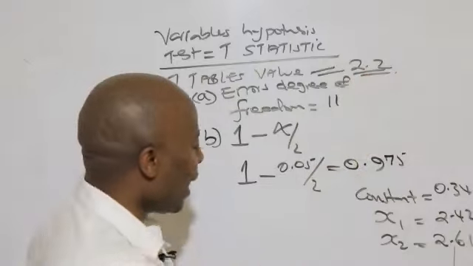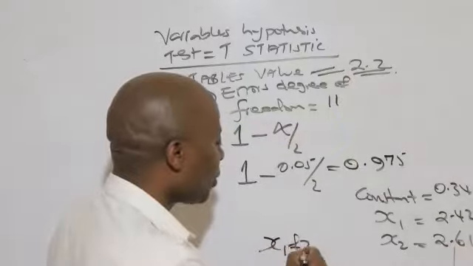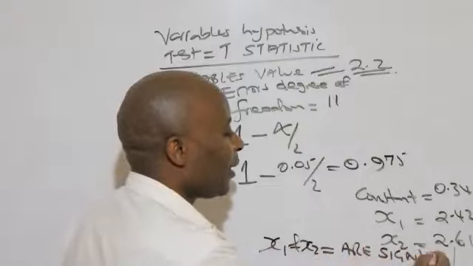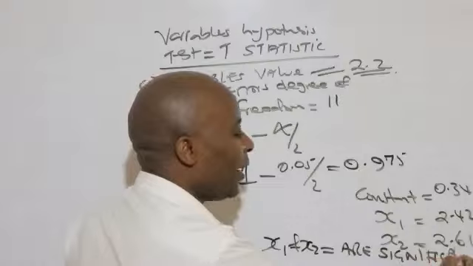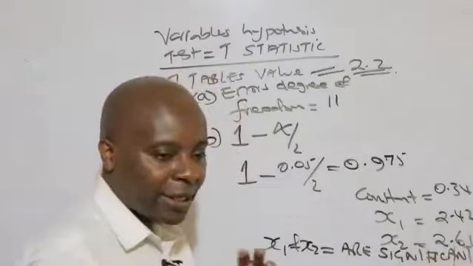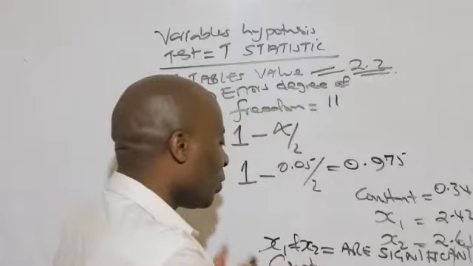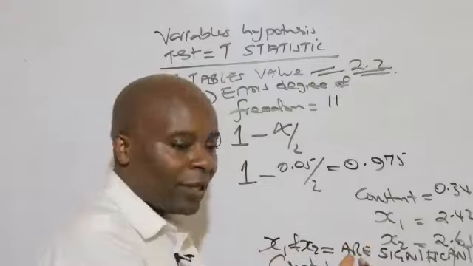So x1 and x2 are significant, whereas the constant that we have here is not significant enough.